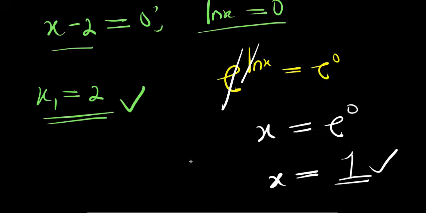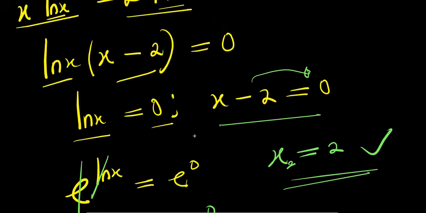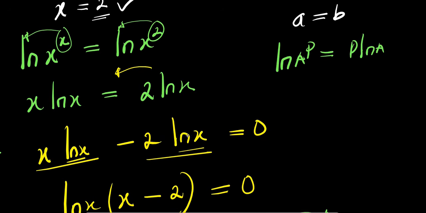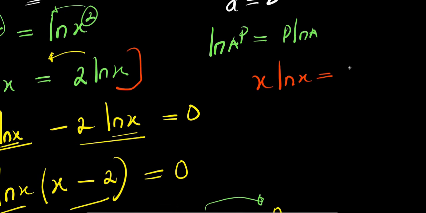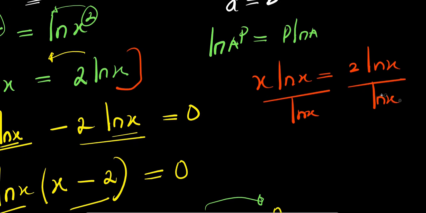Have you seen that? There's something I need to also explain to you at this point. Here you have x times natural log of x equals 2 times natural log of x. I can decide to divide both sides by natural log of x.